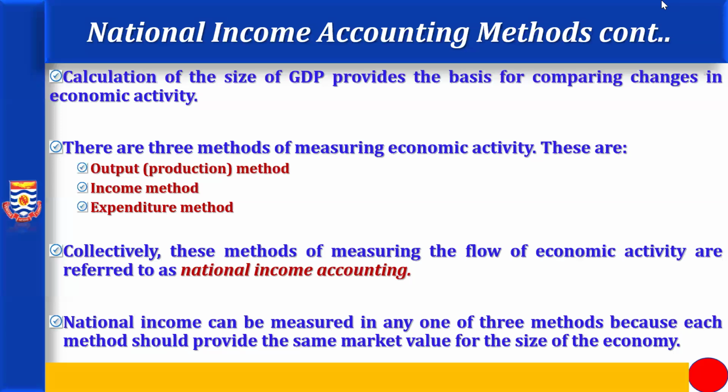So we have the output or the production method. We have the income method, and we have the expenditure method. So three methods, right?